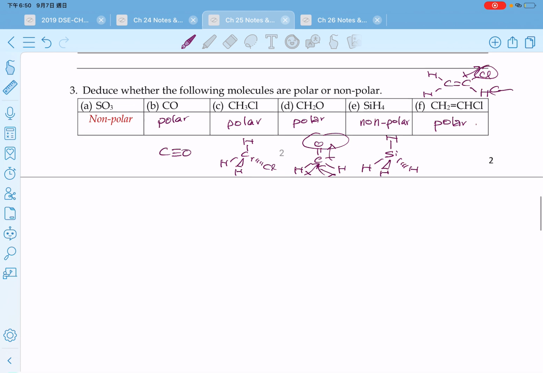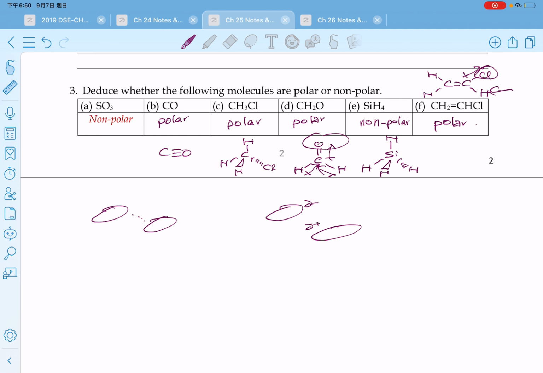The final part: we have to add how it is affected if a molecule is polar. Take an example. Non-polar molecules have van der Waals forces weaker than those of the polar ones, because for the polar ones, there is negative and positive.